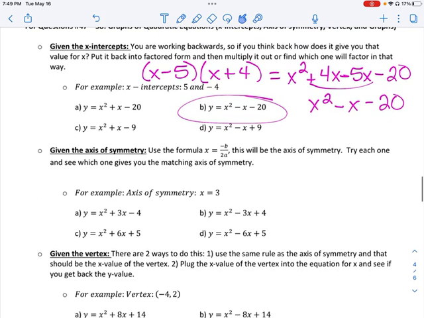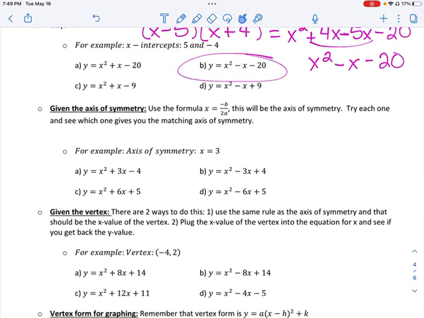Second, if I'm given the axis of symmetry, you are using this formula, x equals negative b over 2a, and that is how we find the axis of symmetry. So what you simply do is look at your b's. Remember, your b's are the ones attached to the x.